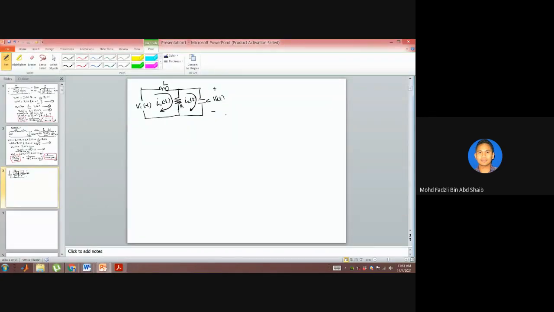Okay, this time domain we need to change to S domain. VOT is equal to VOS.